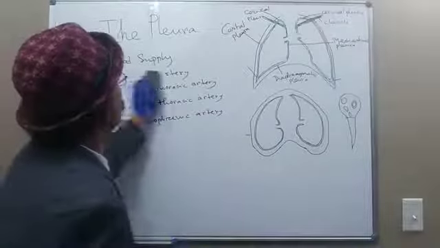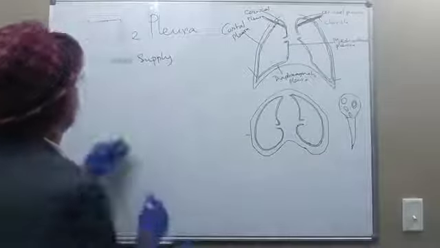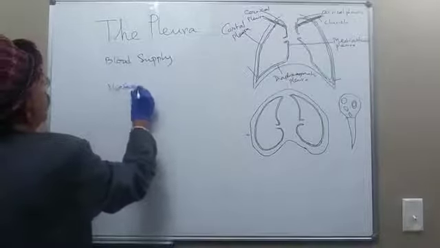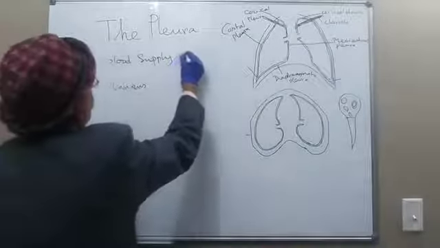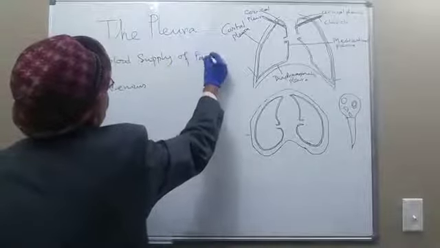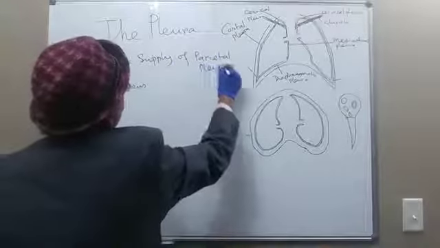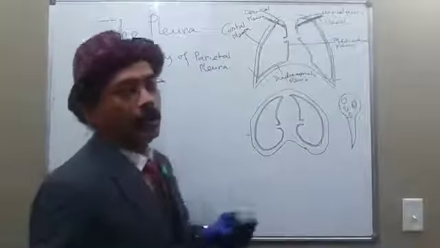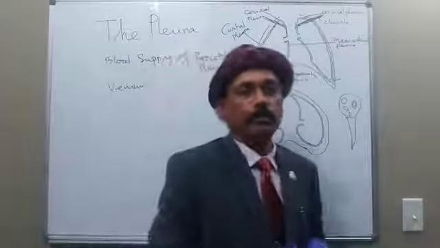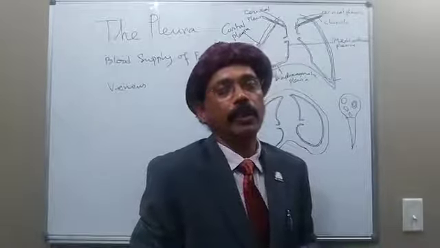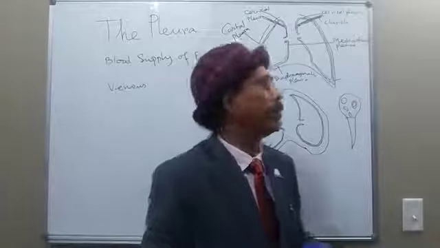How about the venous drainage of the parietal pleura? Again we have the intercostal arteries, especially posterior intercostal arteries, superior thoracic artery, musculophrenic artery, internal thoracic artery.